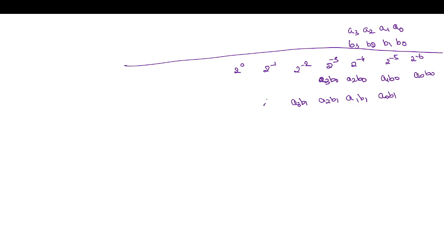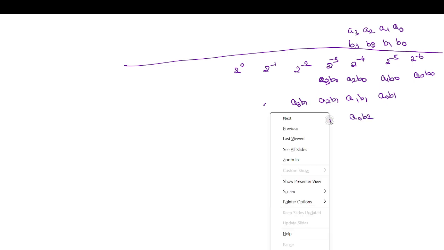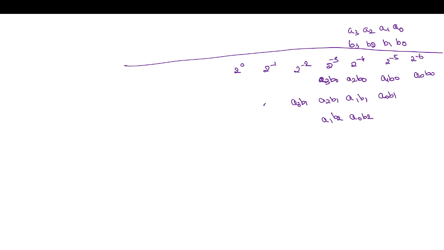Then a0 b2, a1 b2, a2 b2, a3 b2, a0 b3, a1 b3, a2 b3, a3 b3.